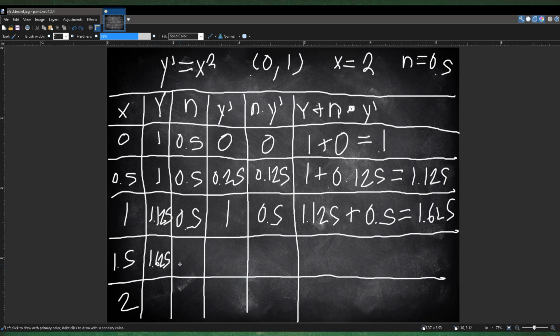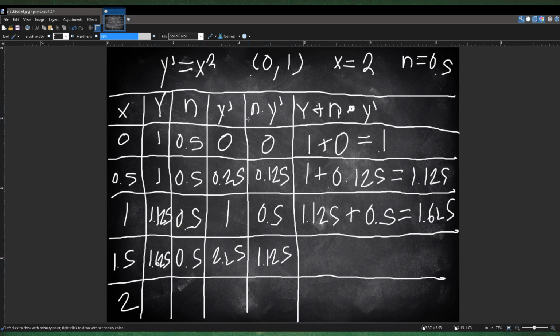So we have 1.625 and 0.5. The derivative of y at x, which is 1.5 now, so 1.5 squared is equal to 2.25. Now n times that, 0.5 times 2.25, is equal to 1.125.